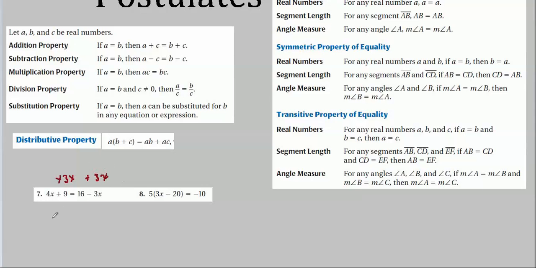What does that give us? 7x plus 9 equals 16. Now, suppose we subtract 9 from each side. And remember, this was our addition property. I have to be careful to write this in because that's the whole point of this section. That's the addition property, which allowed us to write 7x plus 9 equals 16.